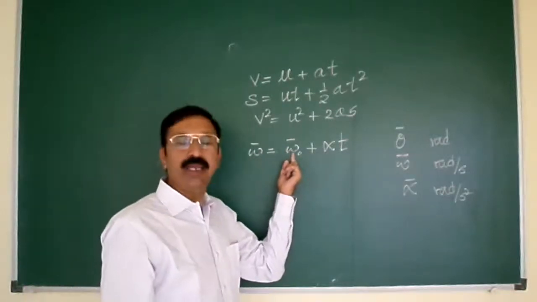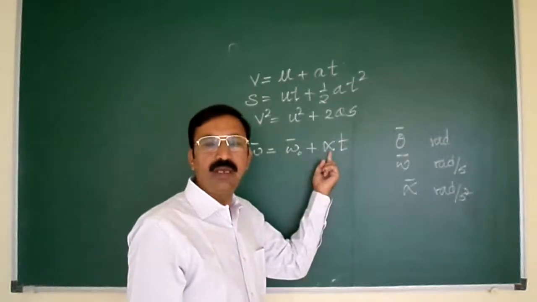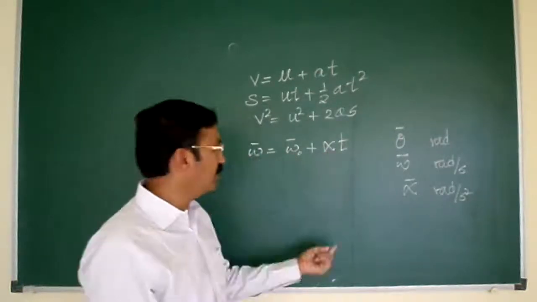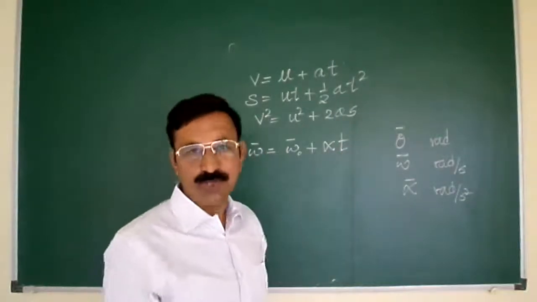Omega naught is the initial angular velocity, alpha is angular acceleration, and t is the time for which this change in velocity takes place.